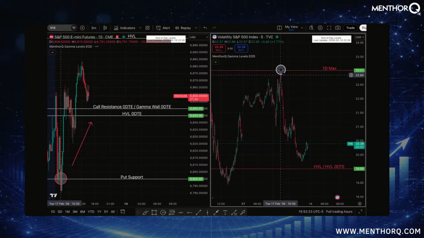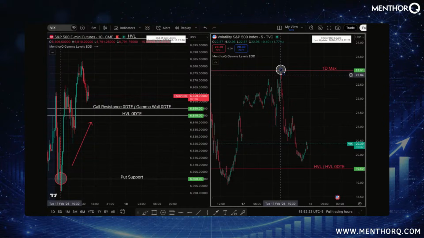And we were seeing put support on all the indices, speaking about the Russell, the SPX, the Nasdaq, and on the Magnificent Seven, we were also seeing most of the time the same picture.